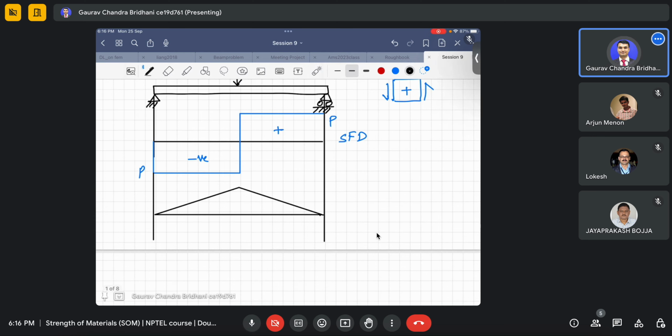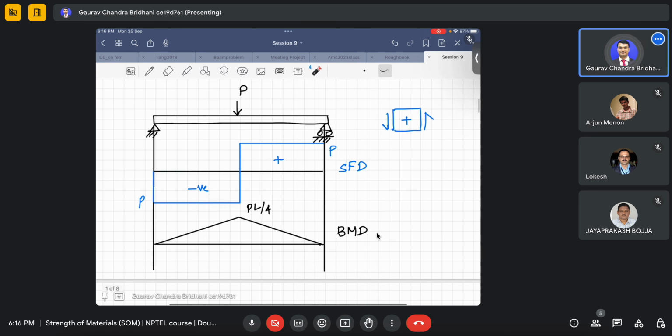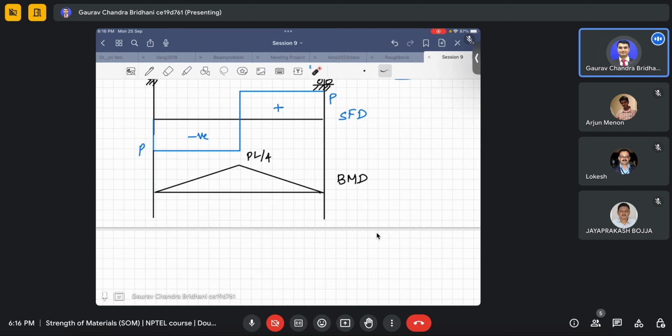Maximum value will be here, PL by 4 actually at this point. How did I come to know this? The reactions will be P by 2 at each end. This whole length is L, so this distance will be L by 2. I am just finding the bending moment at this section, so P by 2 into L by 2 is PL by 4. So that is our BMD.